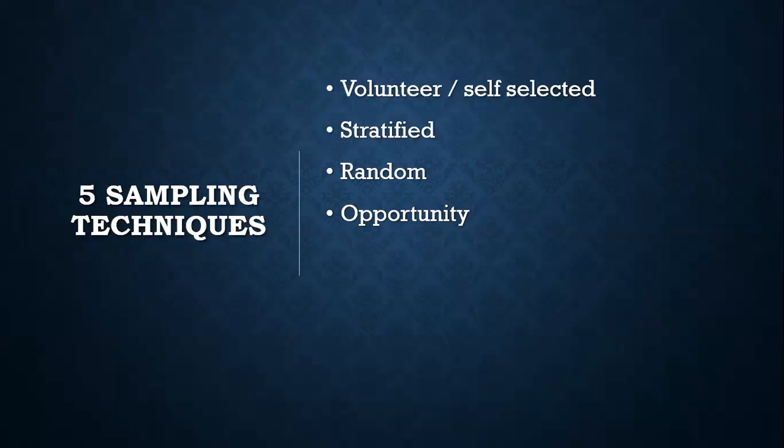So again, limitation there, not very representative, because you might only get a certain group. So if we were here in sixth form and I saw a class didn't have a teacher in and I wanted to do a piece of research, I might only get 16 and 17 year olds. I don't get any 18-year-olds. So therefore it's not going to be completely representative. So we do have issues with that.